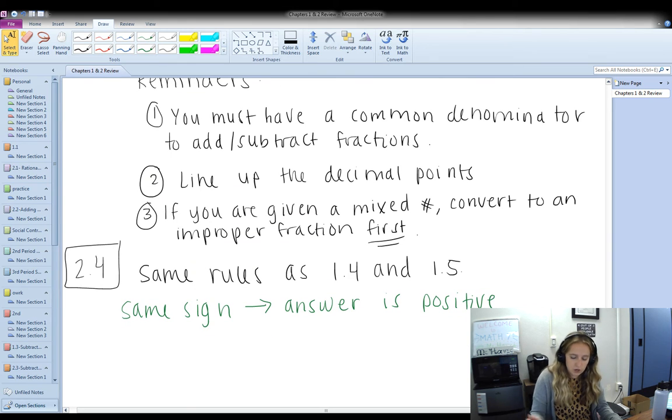If you are multiplying numbers together that have different signs, your answer is always going to be negative.